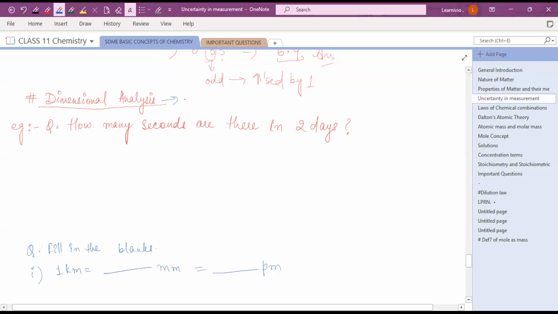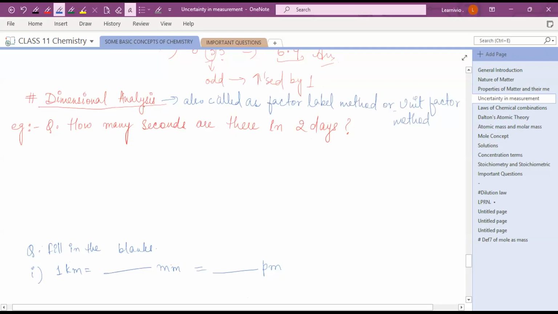This is also called the factor label method, or the unit factor method, because we are converting units.